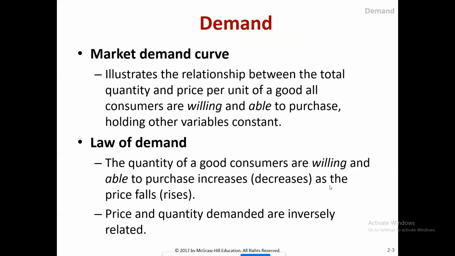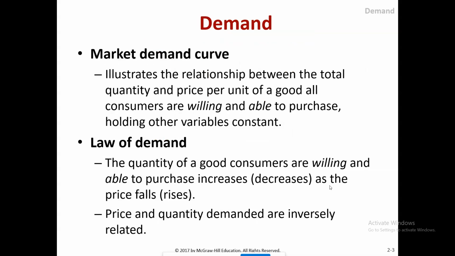So in principles of economics, you should have learned that the market demand curve is a graphical expression illustrating a relationship. Relationship means there are at least two variables. And here it refers to the quantity and the price per unit of a good.